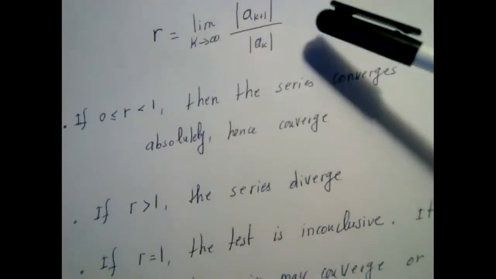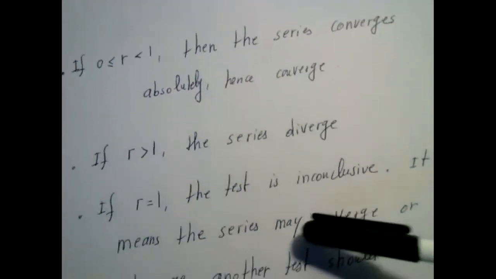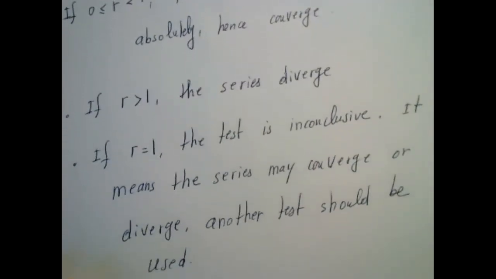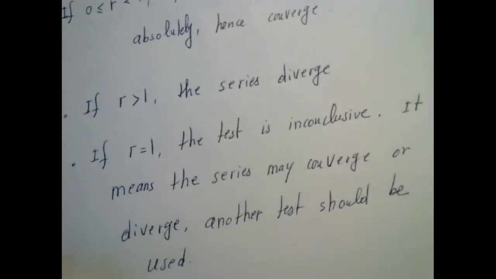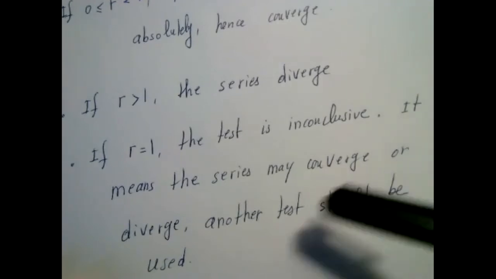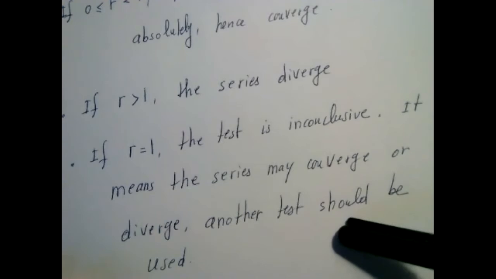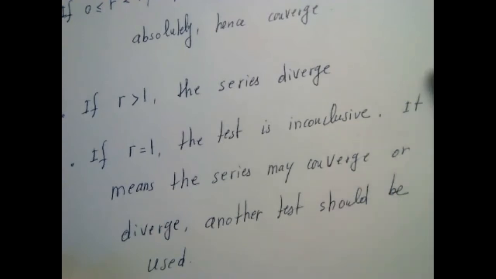The only problem that this test has is when the ratio is equal to 1. When the ratio is equal to 1, the test is inconclusive. It means that the series may converge or diverge, and another test should be used. So that's really the ratio test.